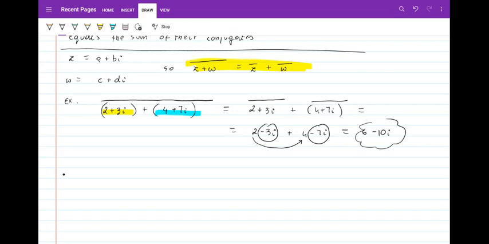And another theorem: the conjugate of the product of two complex numbers equals the product of the conjugates.